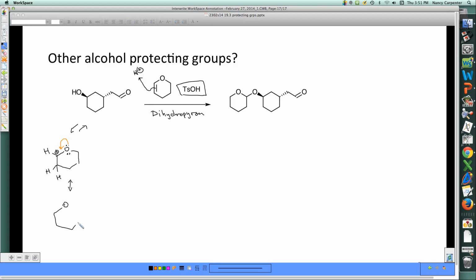So, protonation of dihydropyran gives me this super electrophilic carbonyl-like carbocation. So now my nucleophilic oxygen can swing on down here and give oxygen its lone pair back, giving me this guy, and this guy.